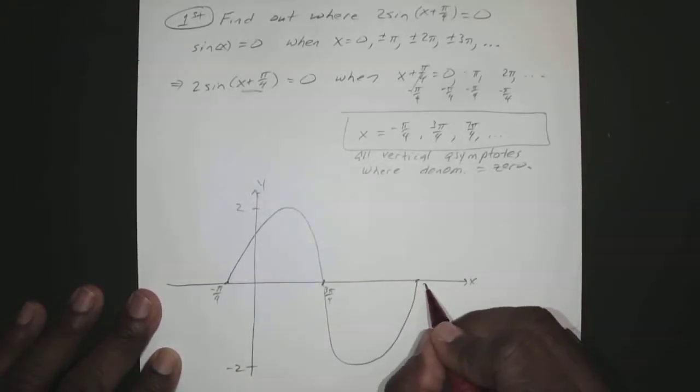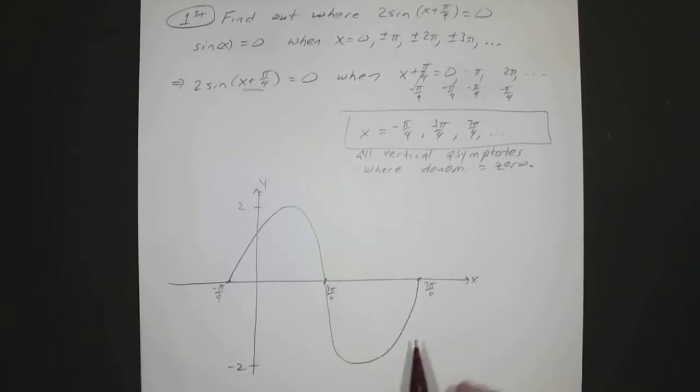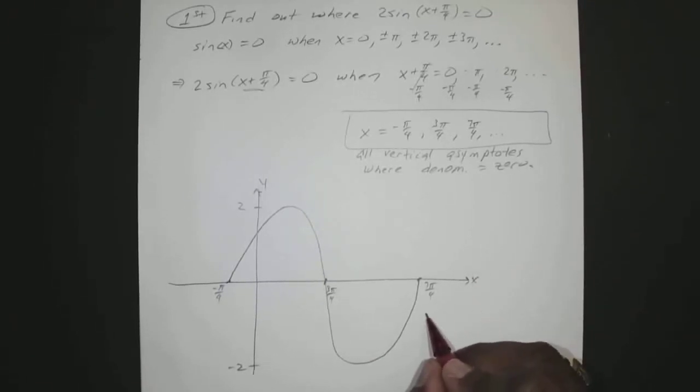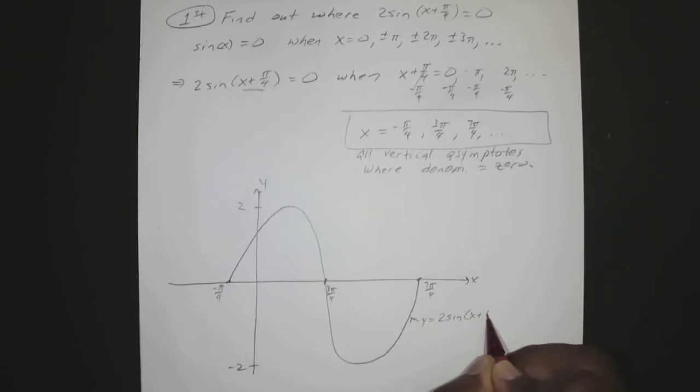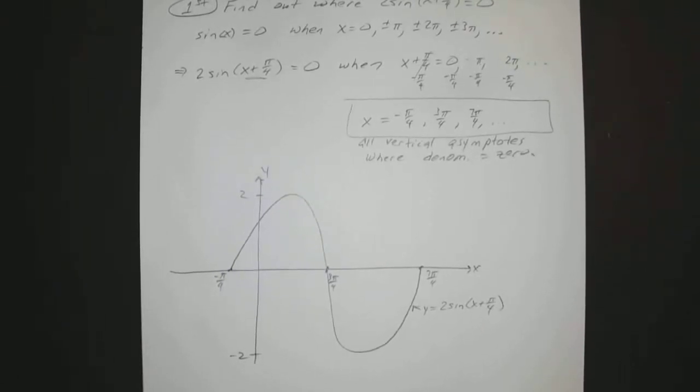And this is our 7 pi over 4. Because remember, this is just our graph of y equals sine of x plus pi over 4. All right, so that's just the graph we already drew.